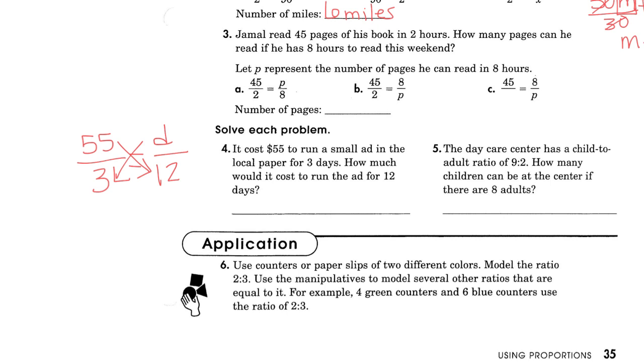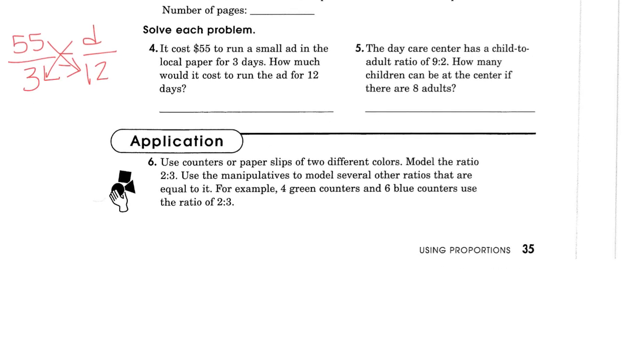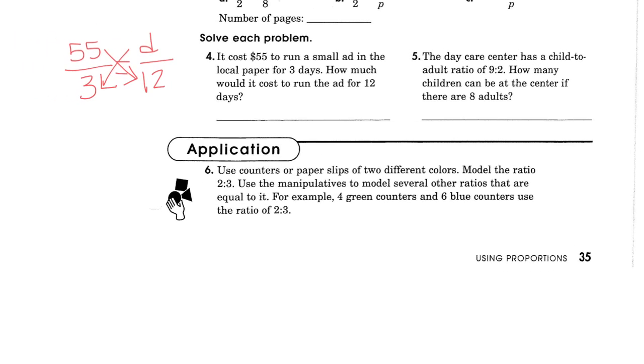On problem number 5, you're going to set up the equation and solve it. You can pause the video now and solve it, or you can wait and come back. In the application, it says use counters or paper clips of 2 different colors, model the ratio.